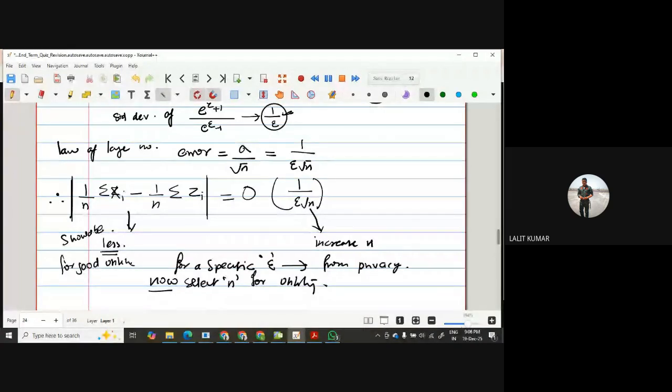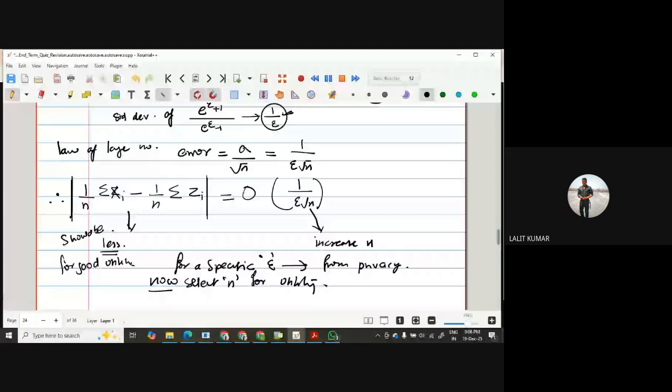Okay, so this concept has become clear. In privacy, only epsilon plays a part. In utility, both epsilon and n play a part.